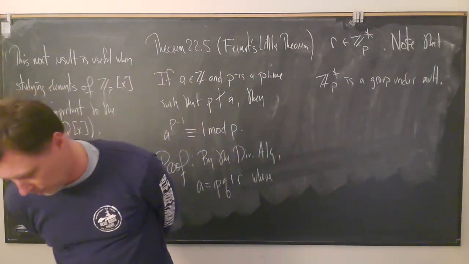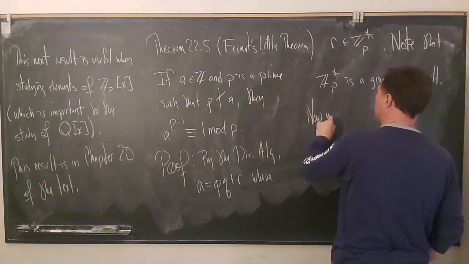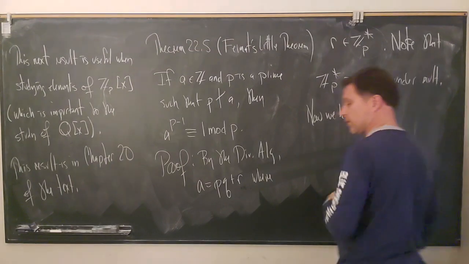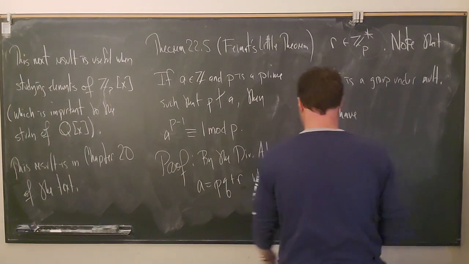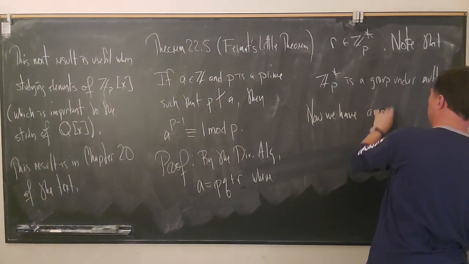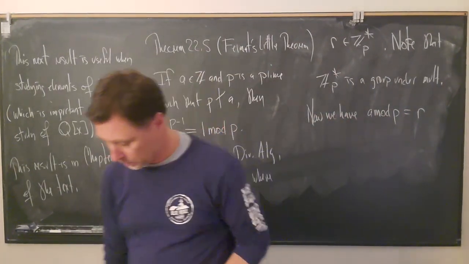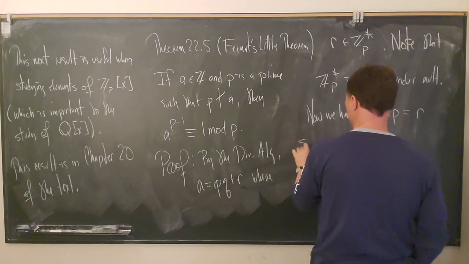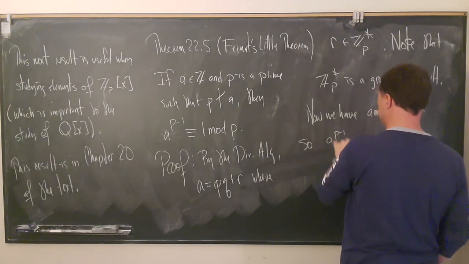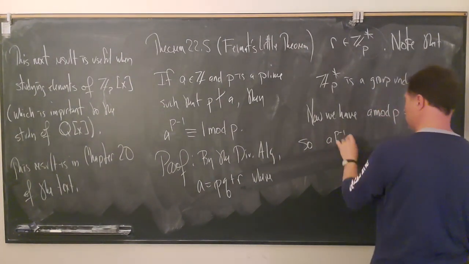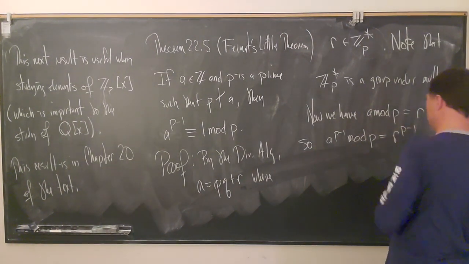So now what we have is a mod p equals r. So a to the p minus 1 mod p is equal to r to the p minus 1.